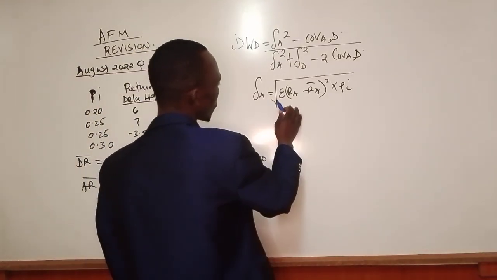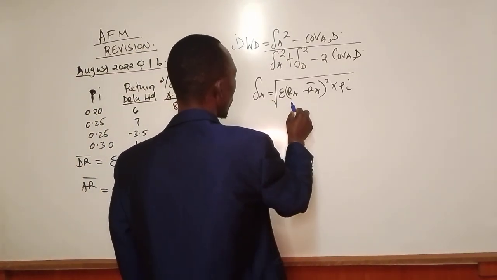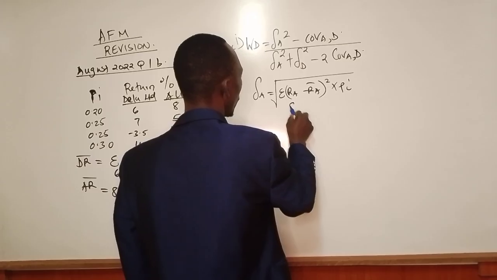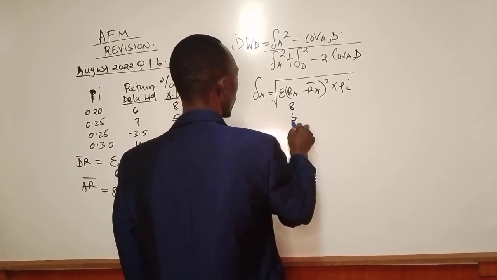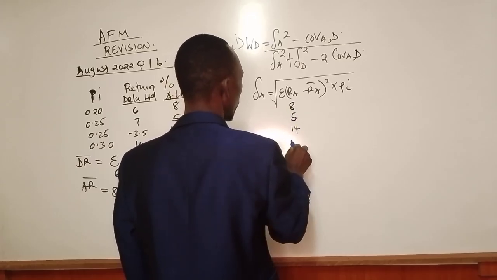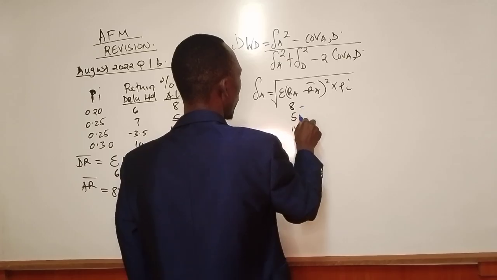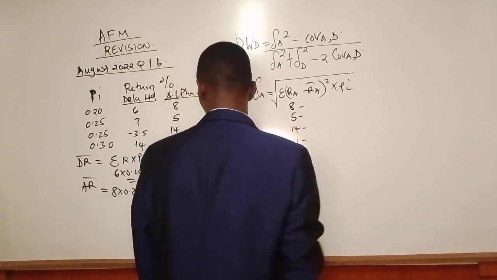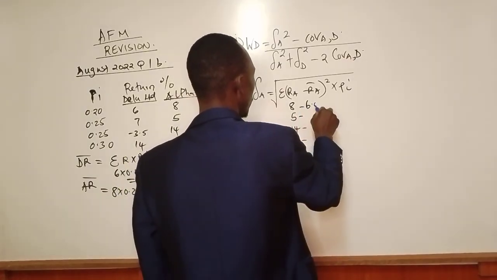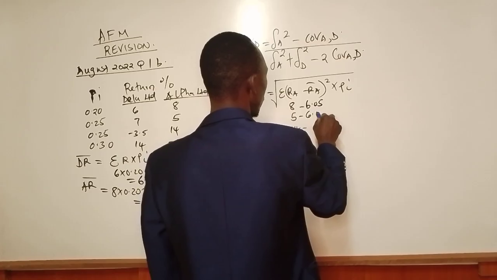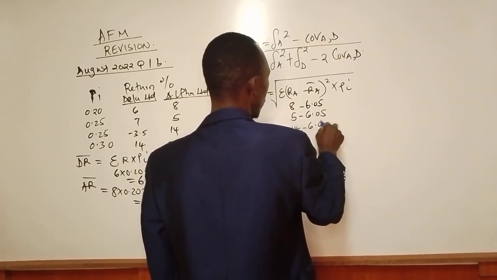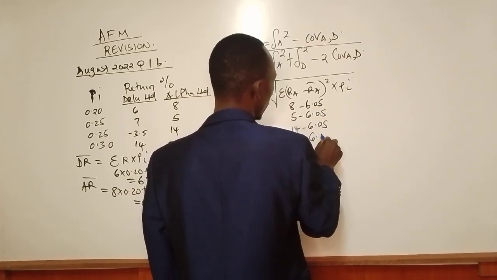So in this case, our returns of A are 8, then 5, 14 and negative 1, minus 6.05 each.